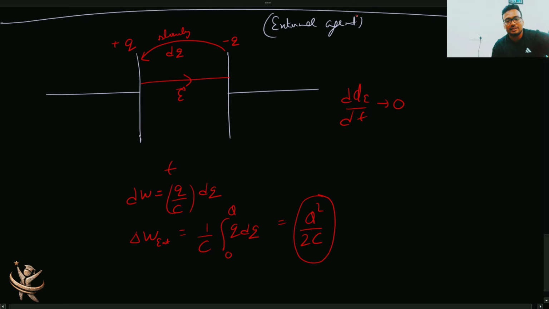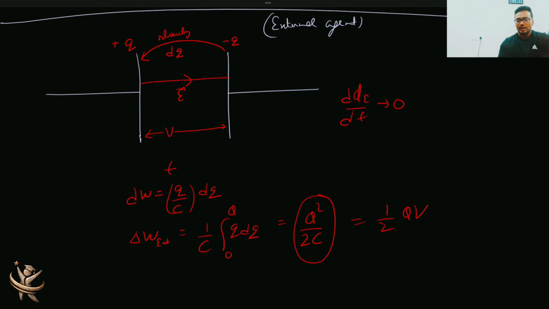So finally, when it is getting that Q charge, let's suppose V is the potential difference across it. So you can also write it as half Q into V. Now, what exactly is this telling you? A capacitor in any situation, whether you connect it with a battery or whether there are any type of losses, the final energy stored by the capacitor is half QV or Q square by 2C. तो कैपेसिटर का जो एनर्जी स्टोरेज है, it has nothing to do with those losses.